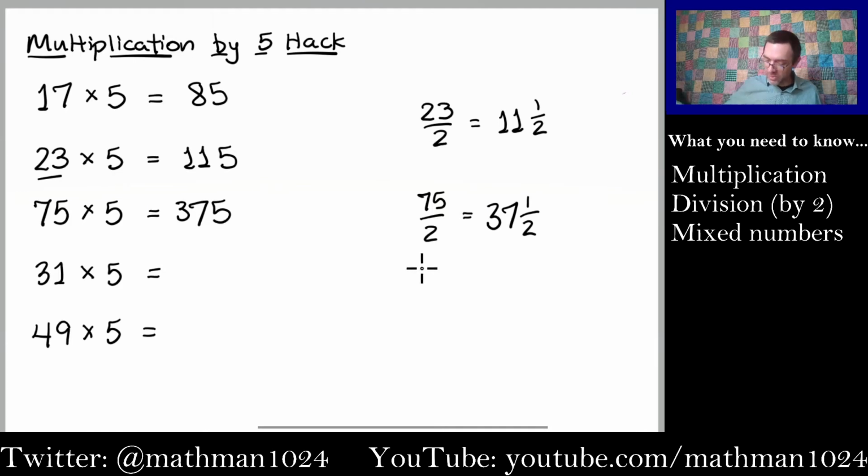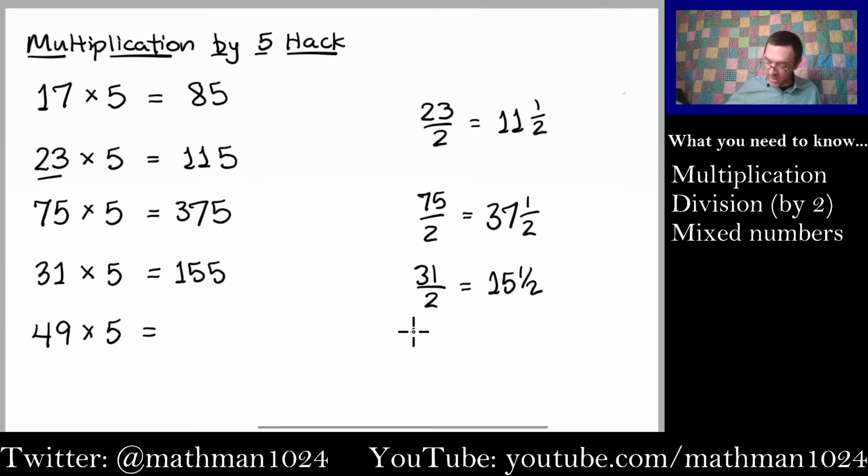Let's do 31 times 5. Off to the side, I'm thinking half of 31, and 2 goes into 31 15.5 times. So 31 times 5 is 155.